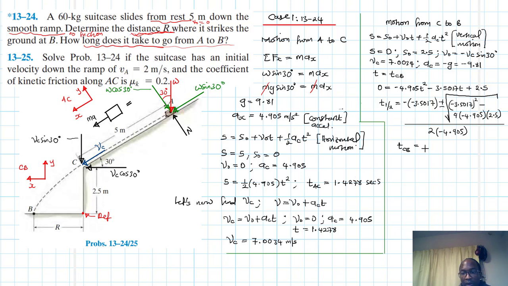So we have 0.4412 seconds. This is the time.